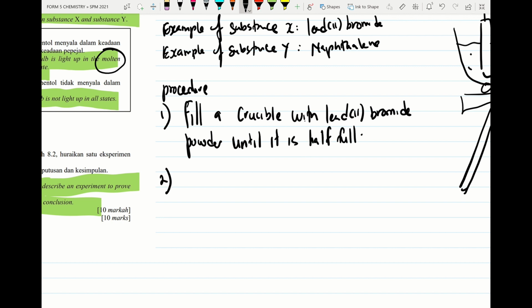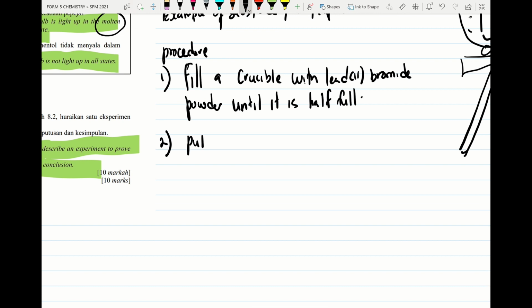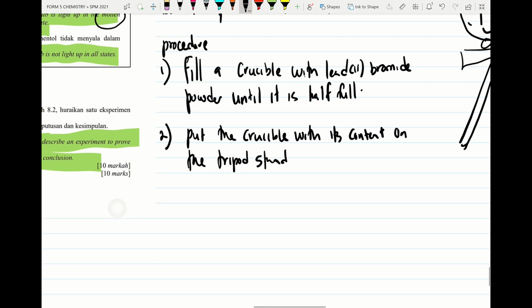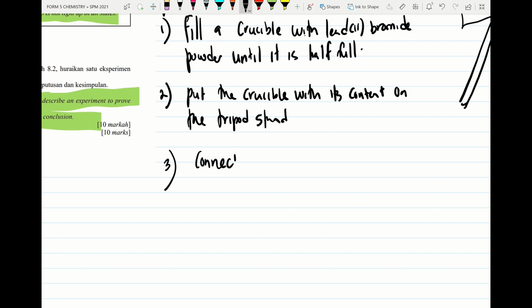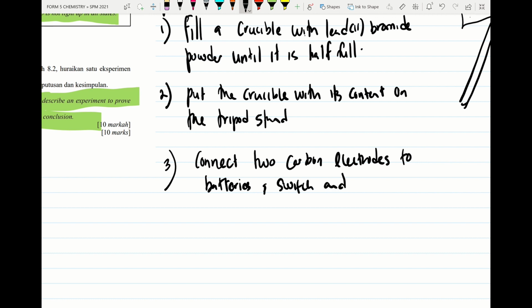Point number two: put the crucible with its content on the tripod stand. Point number three: connect two carbon electrodes to batteries, switch and bulb using connecting wire.